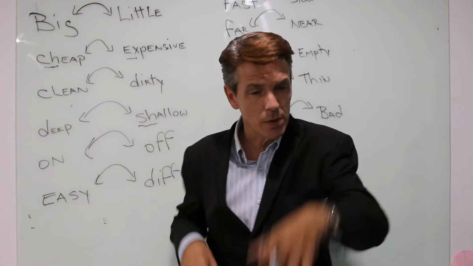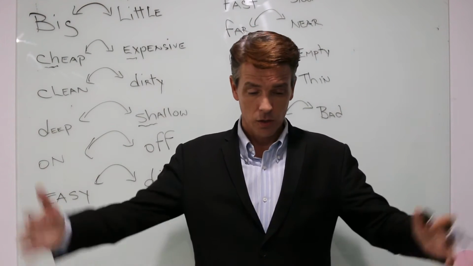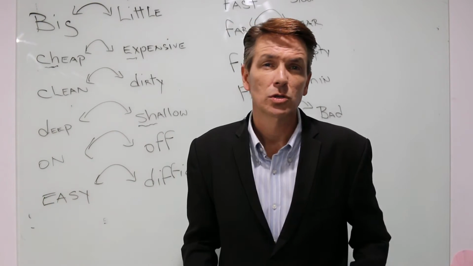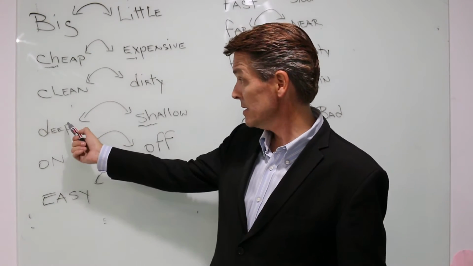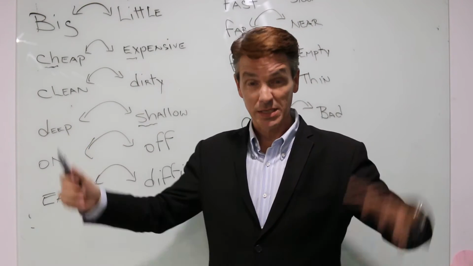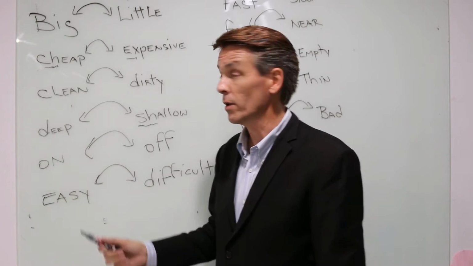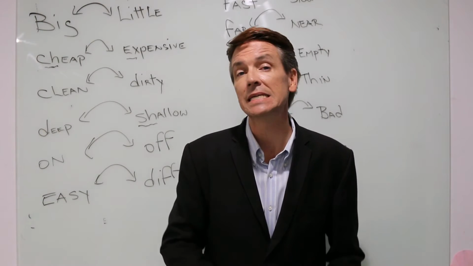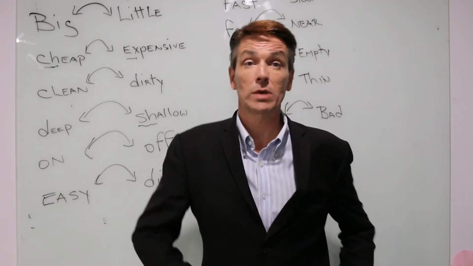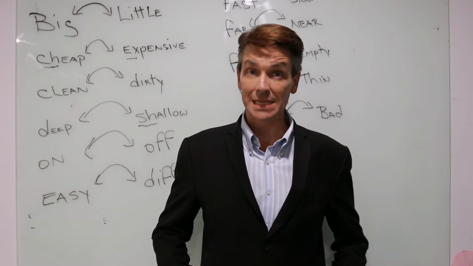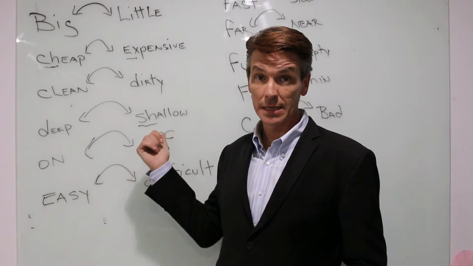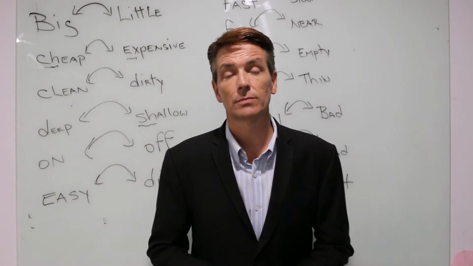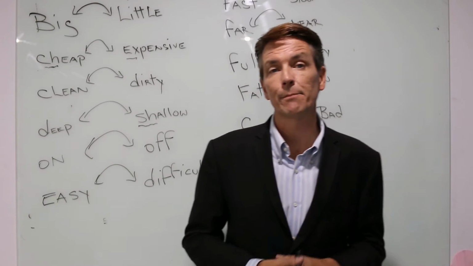So when you go swimming in a pool, you go up and you go to dive in. So do you dive in the deep end? Yes, because that's where you can go into the water. The shallow end is the end with the least amount of water, where you can stand up. So you can stand up in the shallow end, but you cannot stand up in the deep end. So a pool is really good for that.